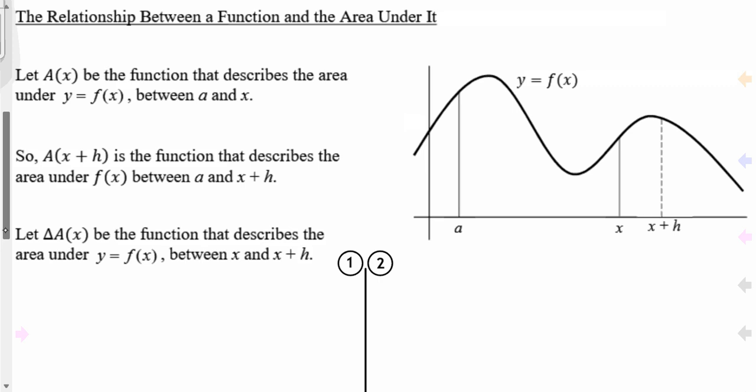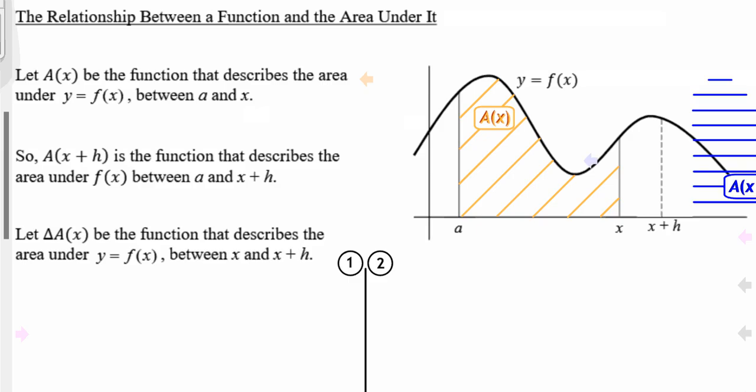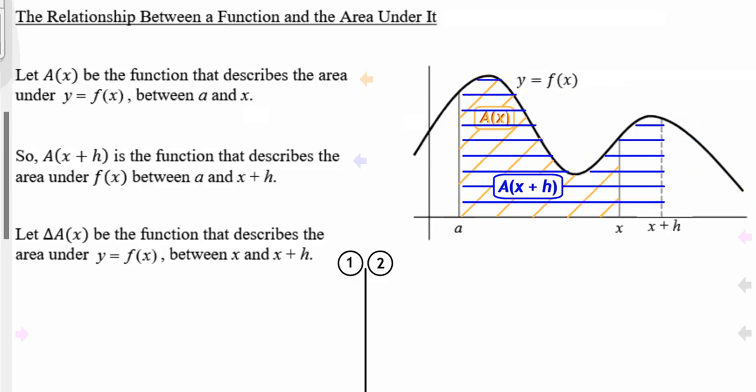So let's just say that this area is a function of x. Good? So now let's imagine I extend going from a to x plus h. What would that area function be? A of x plus h. A of x plus h is that whole thing.